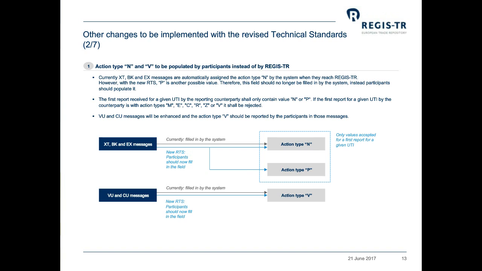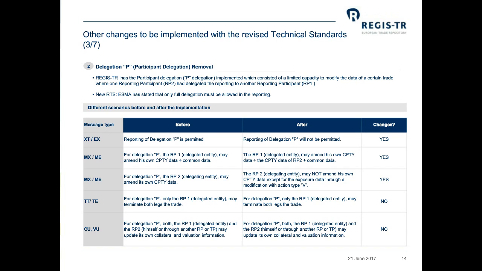The delegated entity may terminate both legs of the trade, and regarding the collateral and valuation, the delegated entity and the delegating entity both can update their own collateral and valuation information. So for these flows, there are not going to be changes.